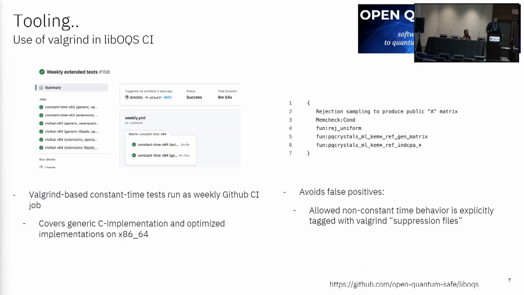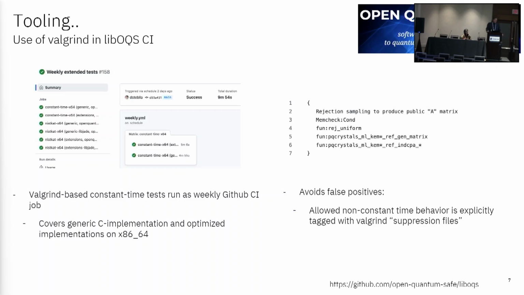So one example of a crypto library that uses this tooling is Open Quantum Safe and the liboqs crypto library. What it does there is a weekly job, because these tests are a bit more time consuming, to test all the implementations there, the C implementations and optimized x86 implementations, and it runs it as a GitHub action.